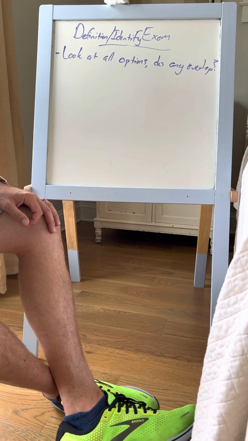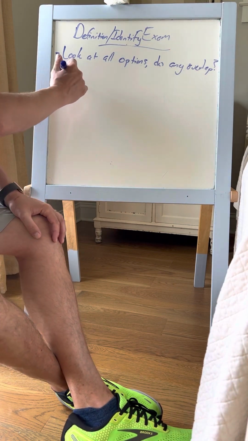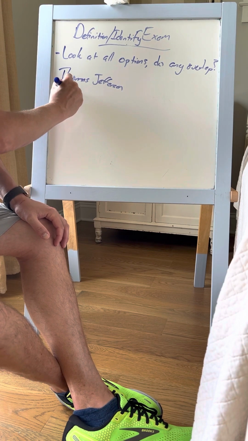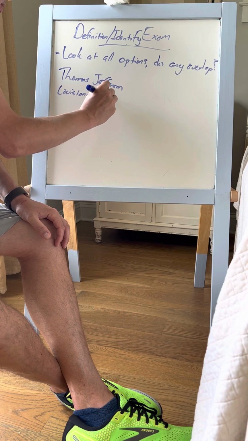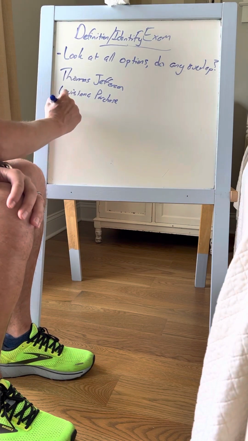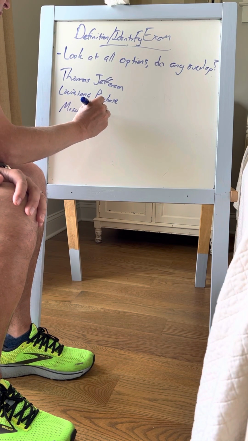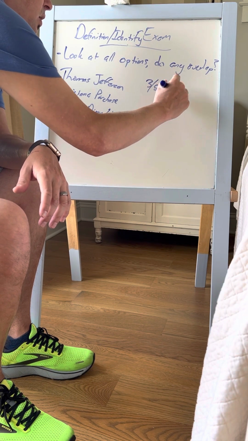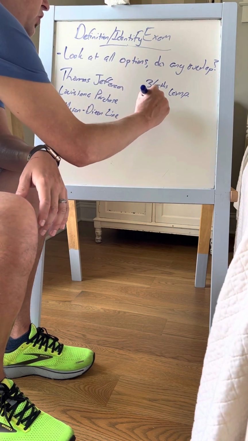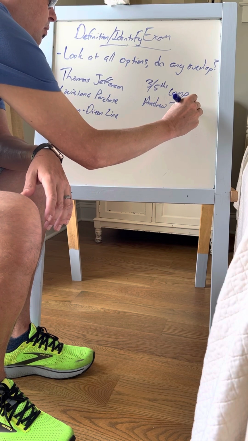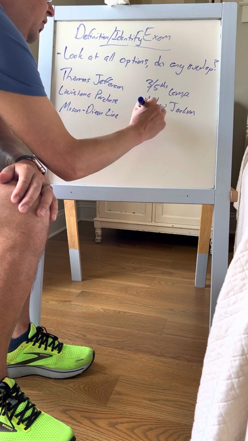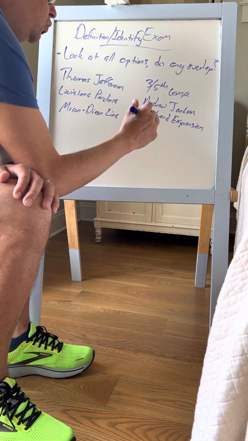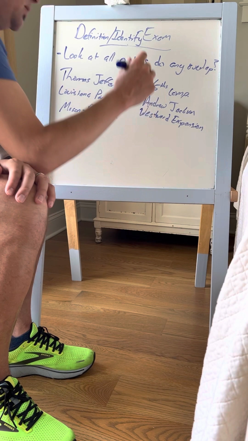So if we're taking a look, let's say you're taking American history before the Civil War, you might get something like Thomas Jefferson, Louisiana Purchase, I don't know, Mason-Dixon line, 3/5 compromise, Andrew Jackson, let's see, westward expansion, let's see, what would another one be?